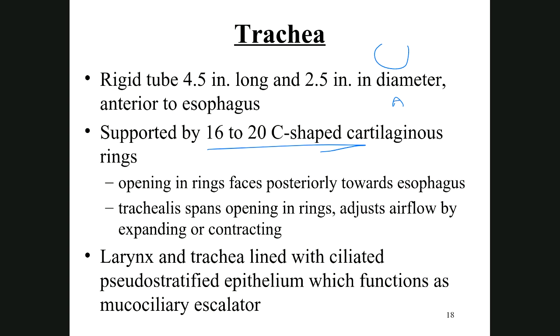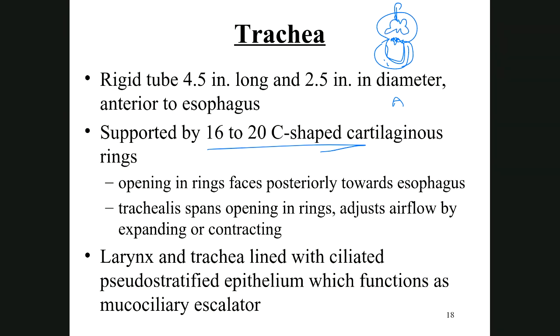This is the cartilage that you see here, and there are chondrocytes in here. There will be pseudostratified epithelium here. But in the posterior, there's a muscle called the trachealis muscle. And sitting next to the posterior of the trachea is the esophagus.